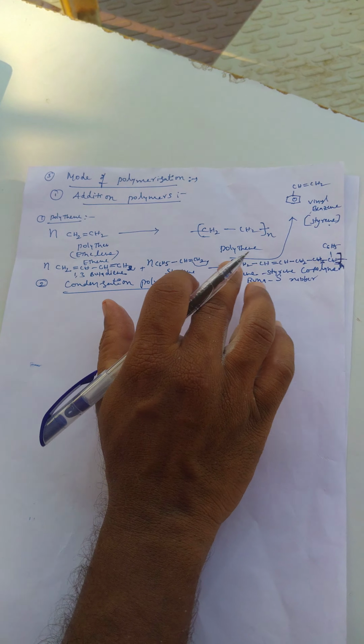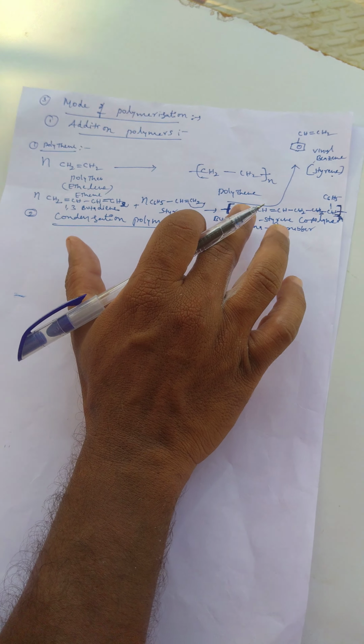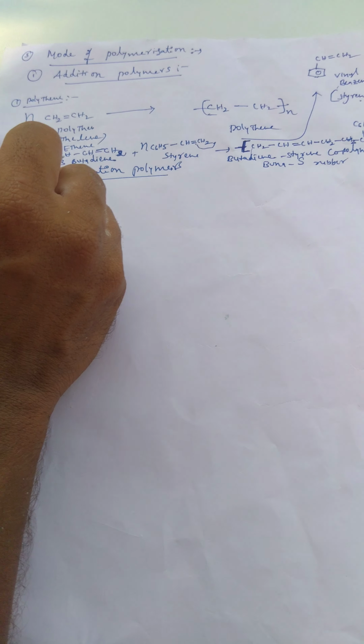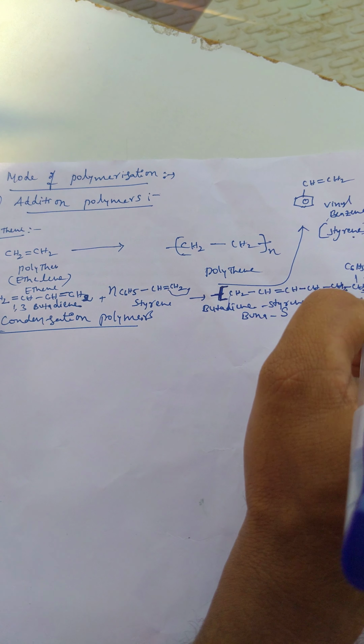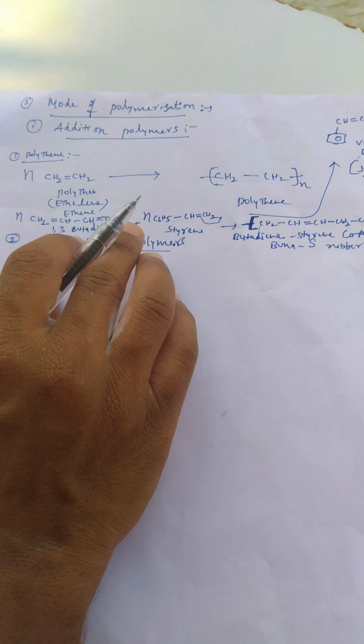You see where the new double bond is forming. Wherever a double bond is there, a single bond comes, and wherever a single bond is there, a double bond comes. Like that. So both are good examples for addition polymers.